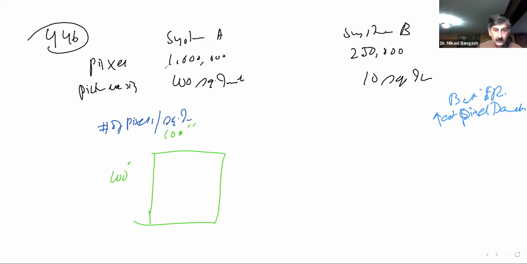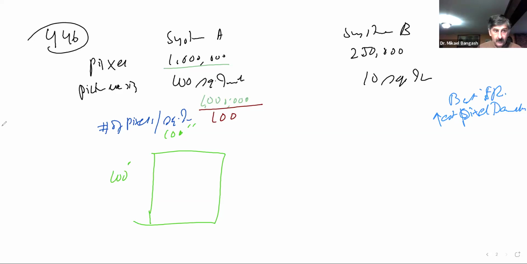We say 1 million is going to be divided by 100. That will give us our pixel density.